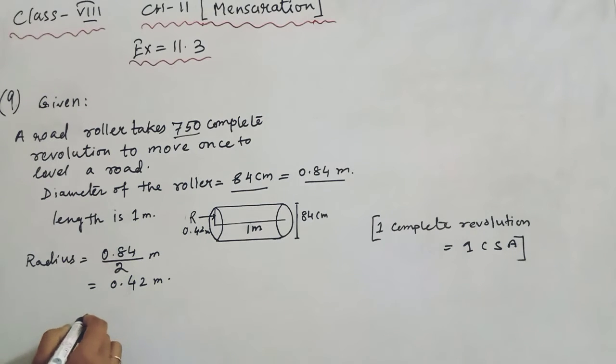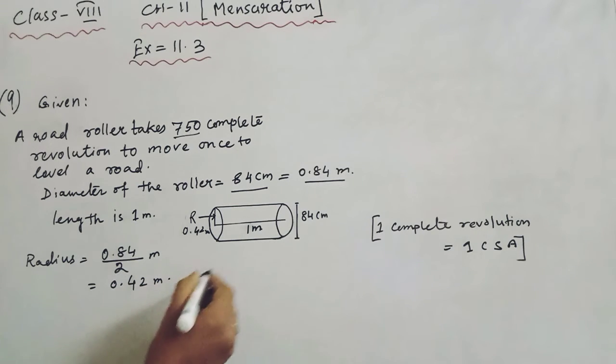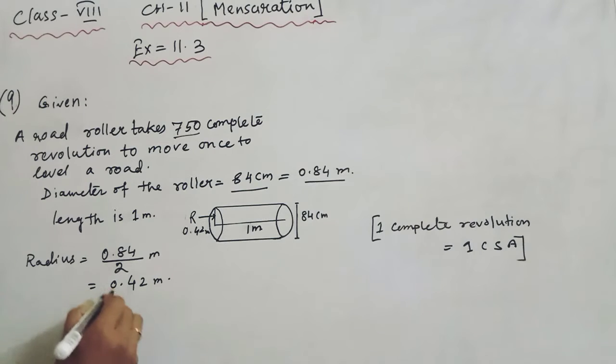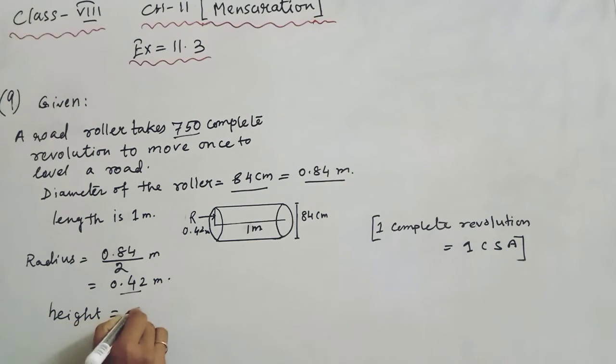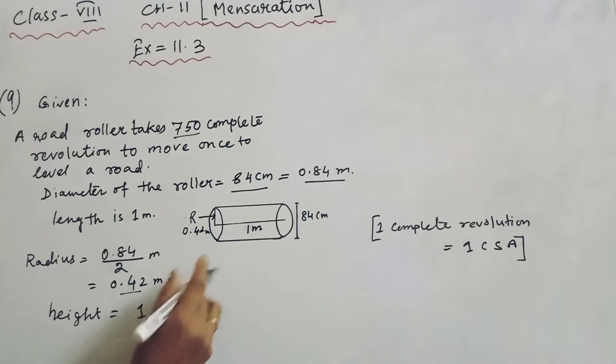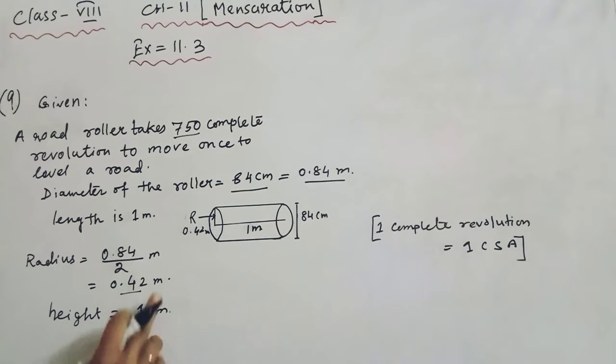So CSA of the road roller. Now radius you know, height also you know; the length, which is the height of the road roller, is equal to 1 meter. As we have already converted into meter, it is already in meter.